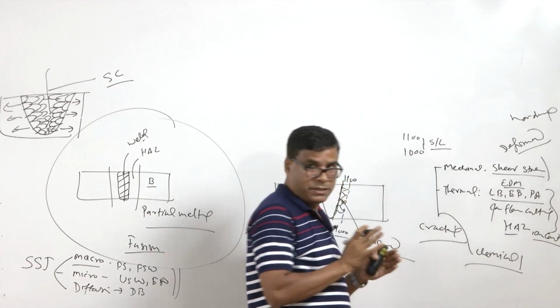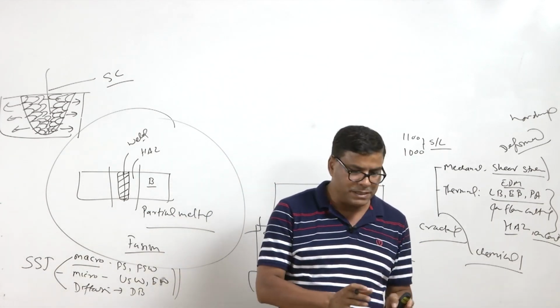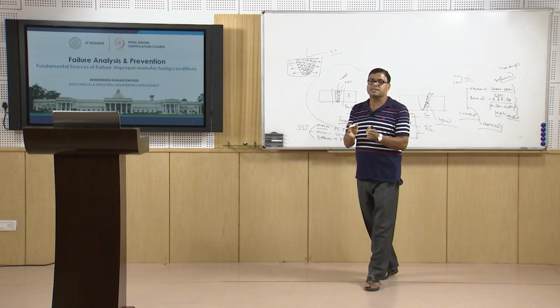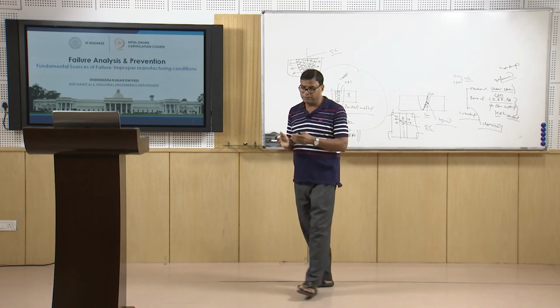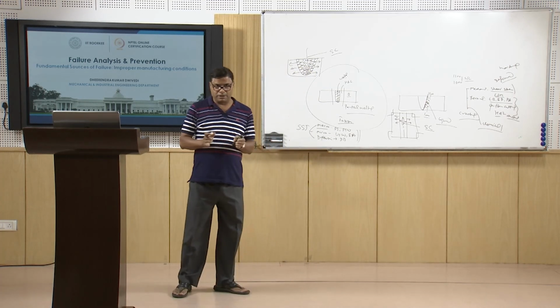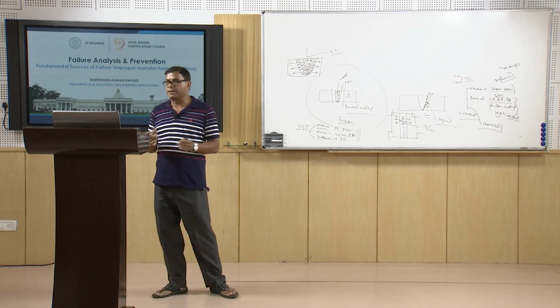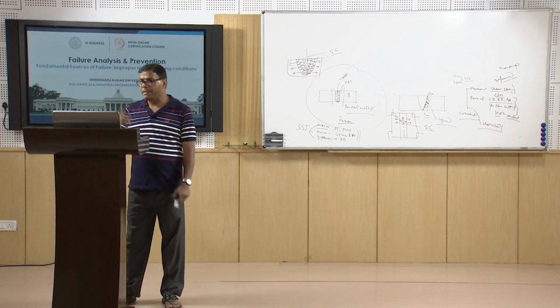So, there are no residual compressive stresses, and because of this we will find that the tensile strength and the fatigue strength of the components processed by chemical methods are not as good as compared to that of the mechanical methods, where compressive residual stresses are present at the surface.